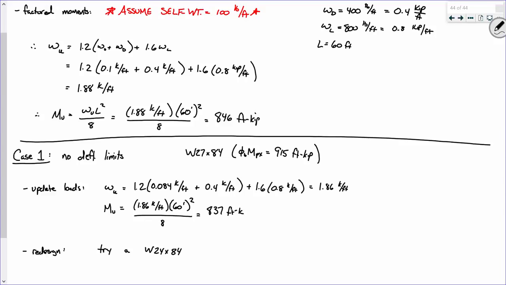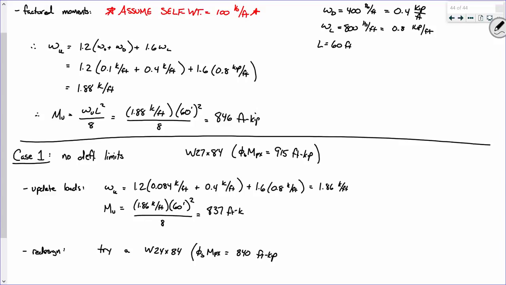So this case 1 has no deflection limits, right? There's no deflection limits. Why did you pick the W24 by 84? What is its PMP? Okay.